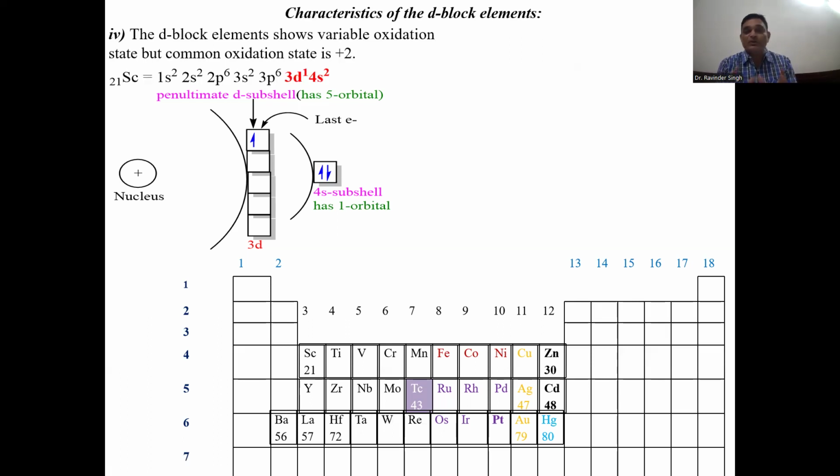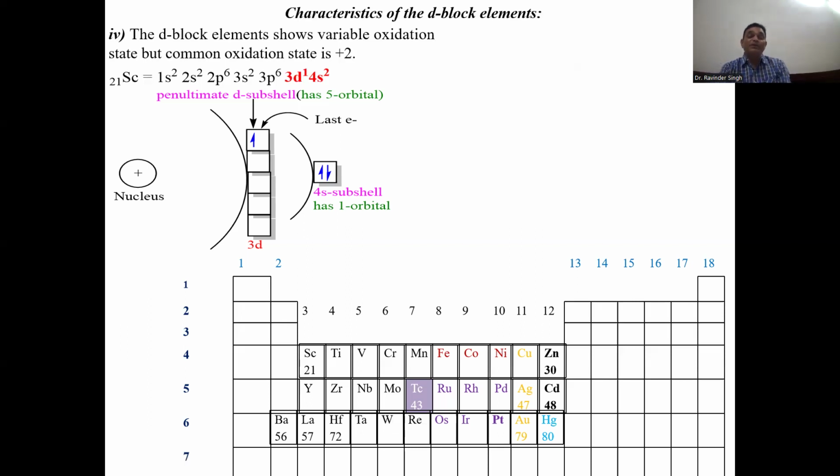We will discuss the characteristics of the f block elements in the next lecture. But as we are discussing the d block elements, that's why I'm talking about where these elements have gone. These elements, having atomic numbers 58 to 71, are placed at the bottom of the periodic table. So the next element of the third transition series after lanthanum is hafnium, atomic number 72. After that, tantalum, tungsten.